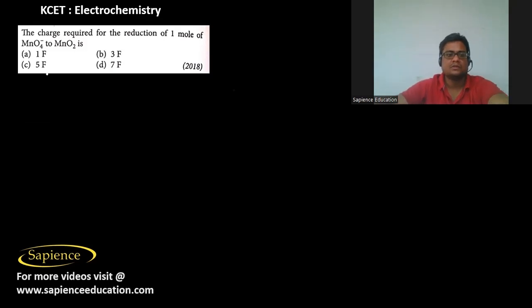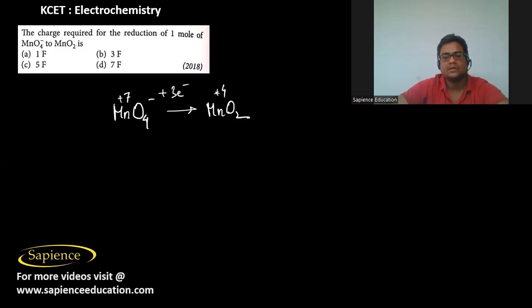Then here it is told the charge required for the reduction of 1 mole of MnO4 minus ion to MnO2 is. So MnO4 minus ion is reduced to MnO2. Here the oxidation state of manganese Mn is 4 to the 8, 8 minus 1, that is plus 7, and in MnO2 the oxidation state of manganese Mn is plus 4. So the MnO4 minus ion will gain 3 electrons to form MnO2.